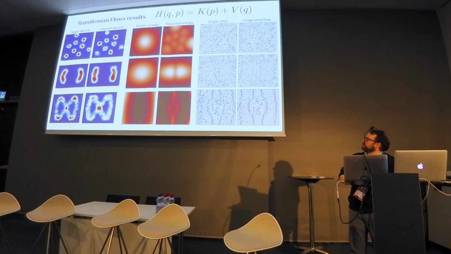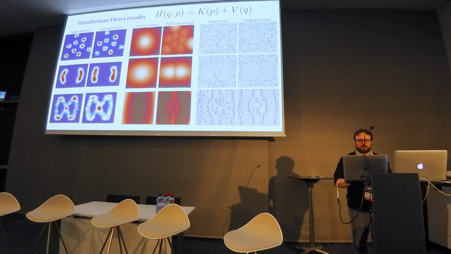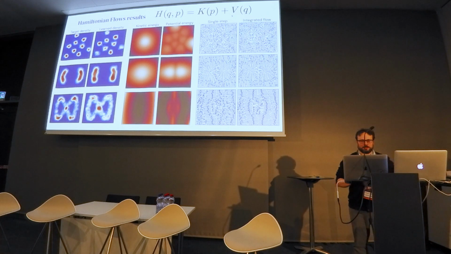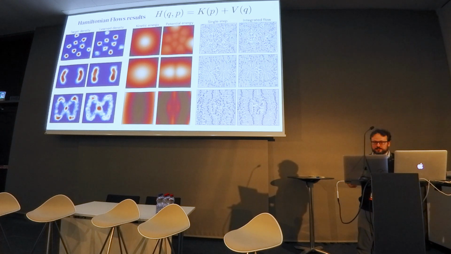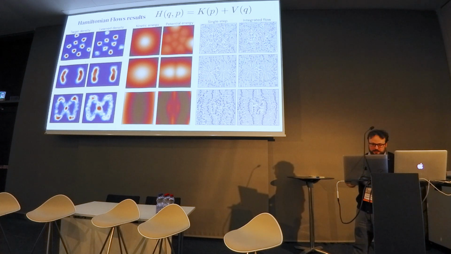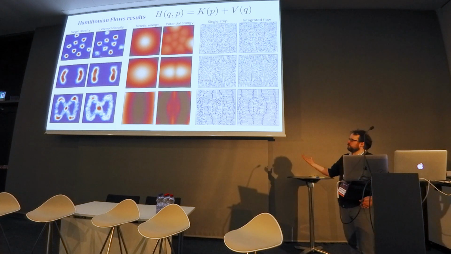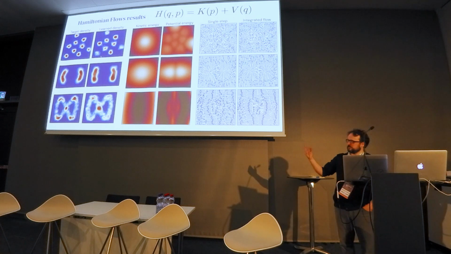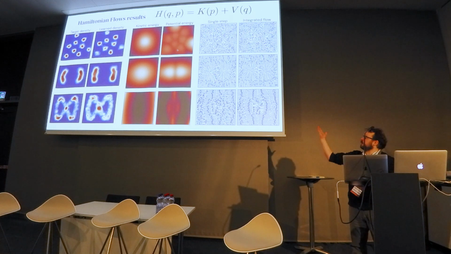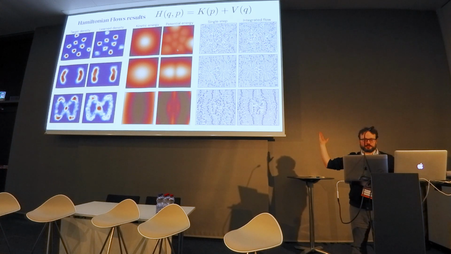So if you now parameterize your Hamiltonian with a kinetic energy term and a potential energy term, both neural nets, we can fit the final density that you get to some target, and indeed you can learn various kinds of multimodal, complicated density shapes there. And we can look at what the kinetic energy term has learned and what the potential energy has learned.